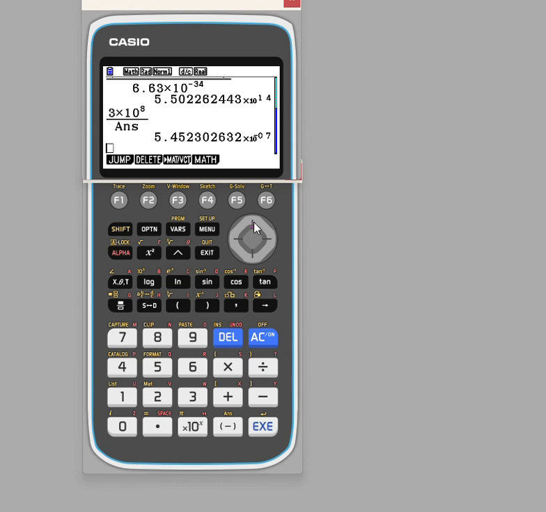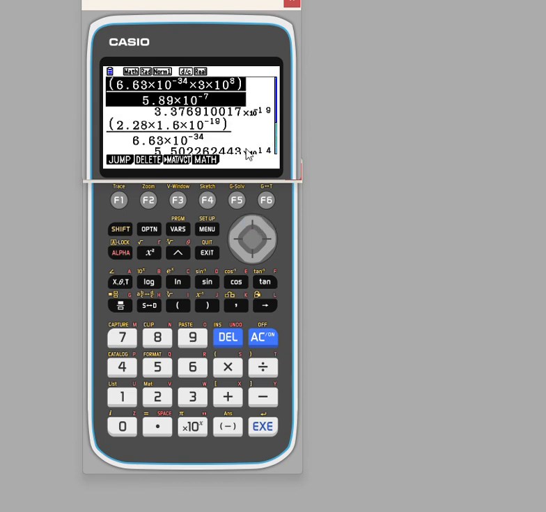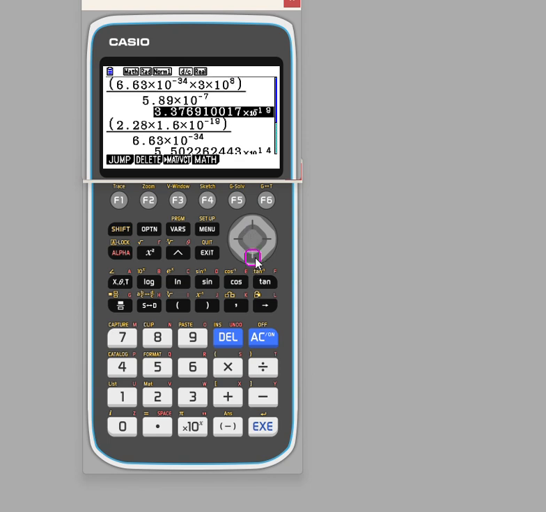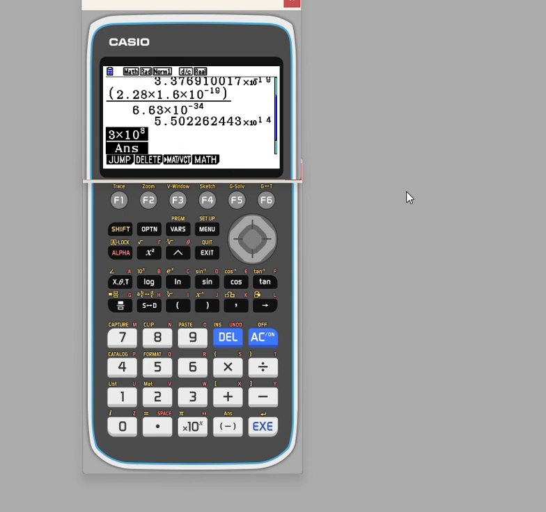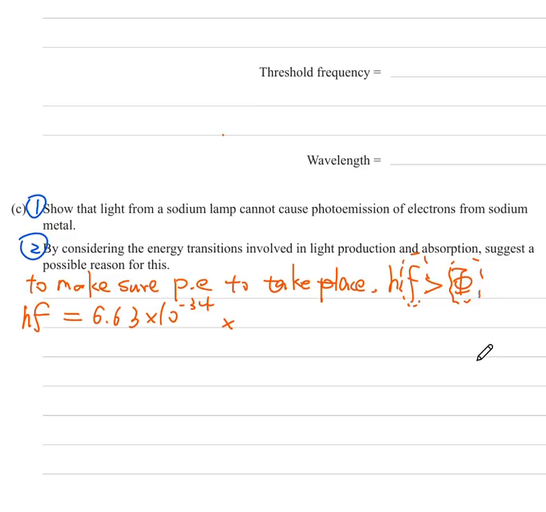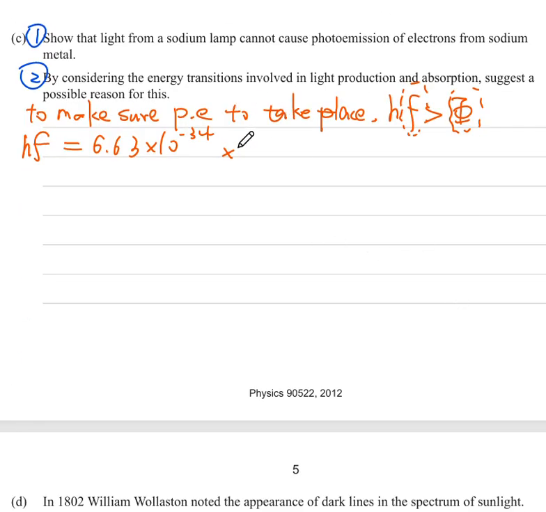Okay, what is the frequency of it? Oh, here. 5.50 times 10 to the power of 14.